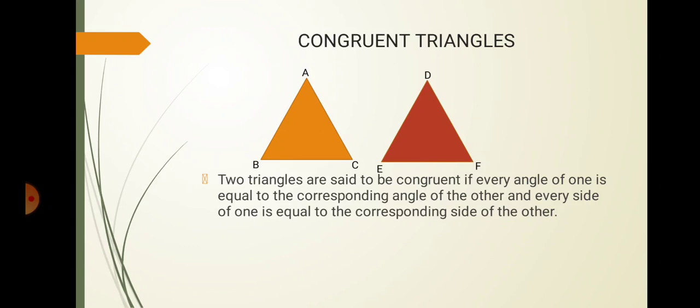The length of BC should be equal to EF and the length of CA should be equal to FD. If it matches all these points, then we can say the given two triangles are congruent triangles. Two triangles are said to be congruent if every angle of one is equal to the corresponding angle of the other and every side of one is equal to the corresponding side of the other.